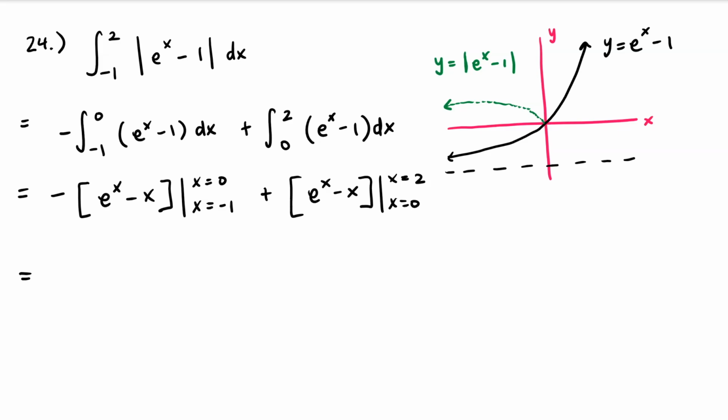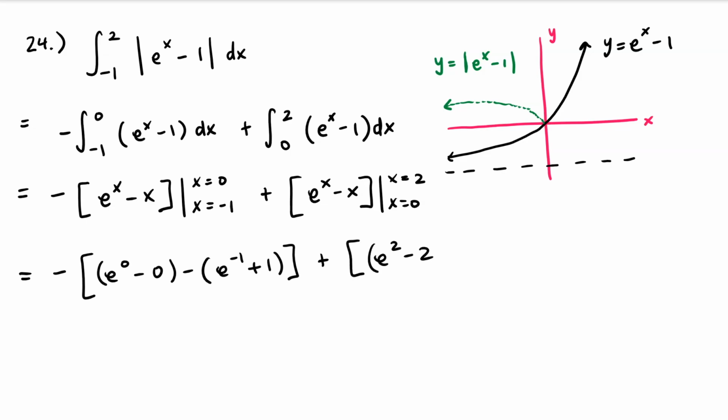Let's go ahead and plug in those numbers. So I have negative e to the 0 minus 0, minus e to the negative 1 minus negative 1, which will become plus 1, plus e squared minus 2, minus e to the 0 minus 0. So if we do some simplification here, we have negative 1 minus, I'm going to write this as 1 over e, minus 1.